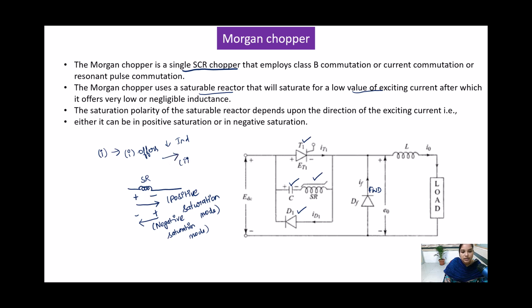And the second one is, if it is not in saturation mode, then it offers high inductance. Then it will resist the current.